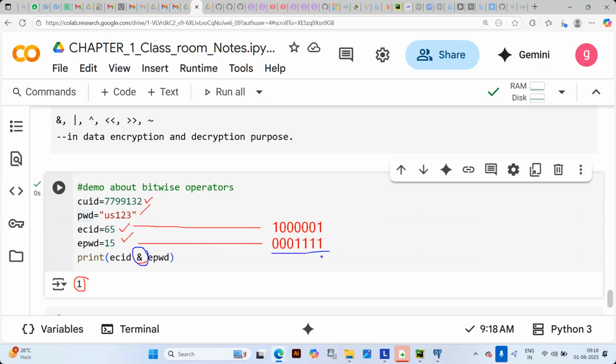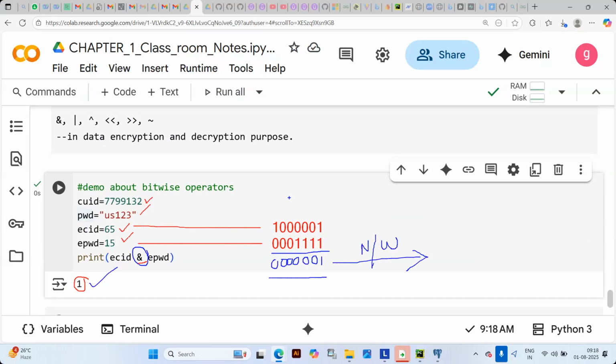True and true becomes true, and true and false becomes 0, and 0 and 0 is 0, giving 0000001. This is the encrypted value going through the network, the network data. This is the reason it is given as 1. This is how the operation is done at a binary level, not at a byte level. I hope everybody is clear about it, right?